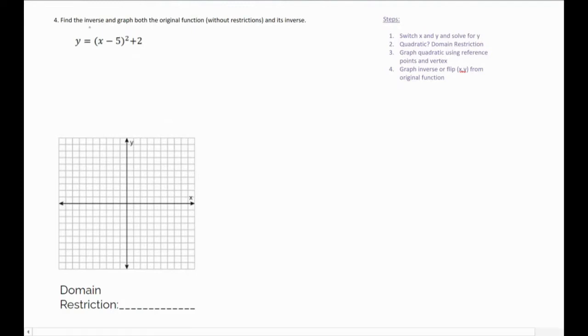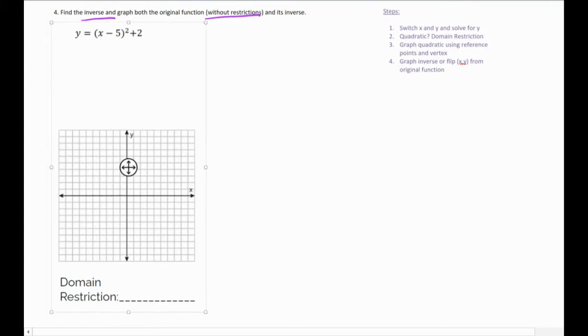You're asked to find the inverse and graph both the original function without restrictions and its inverse. So first of all, to find the inverse here, I'm going to switch the x and the y values and then solve for y. So subtract 2 from both sides to get x minus 2 equals y minus 5 squared.